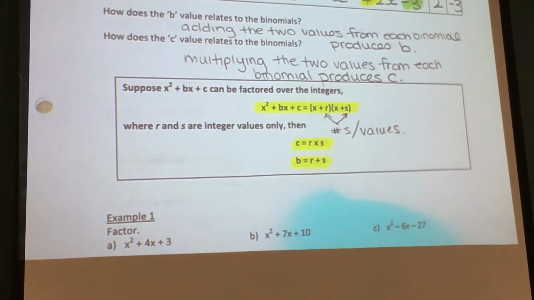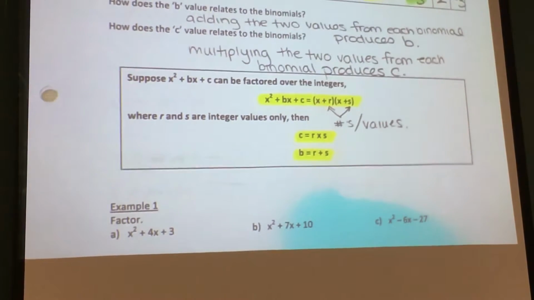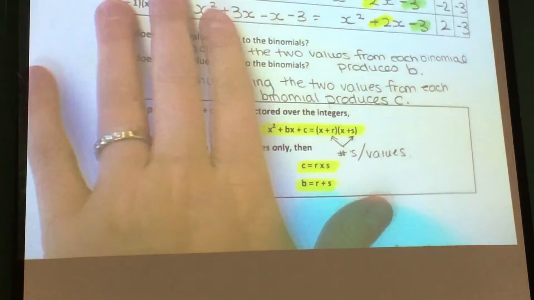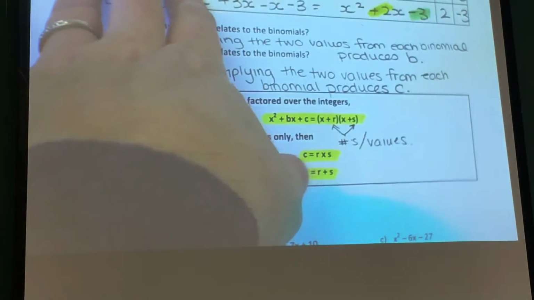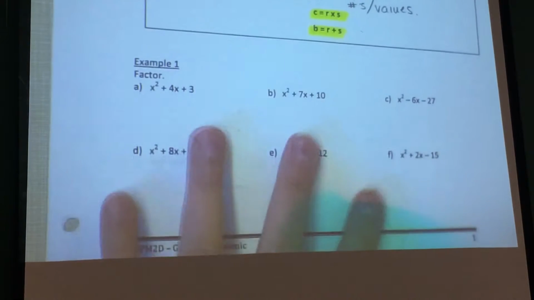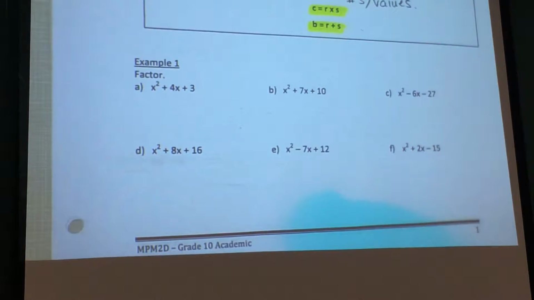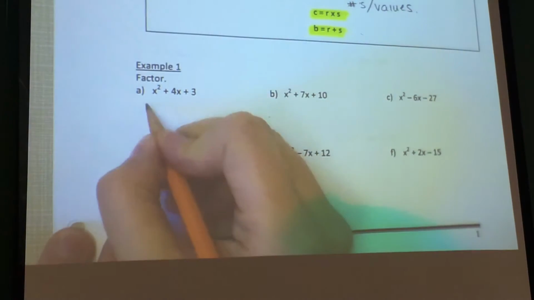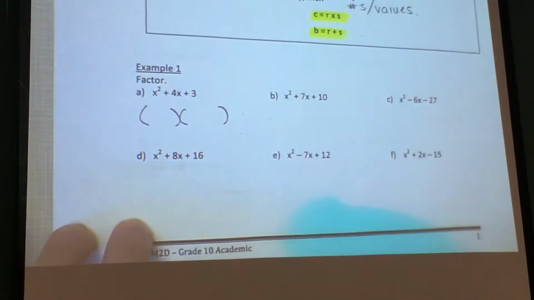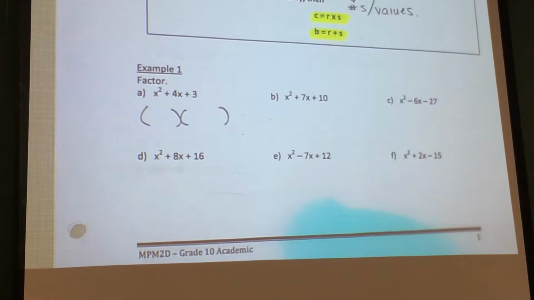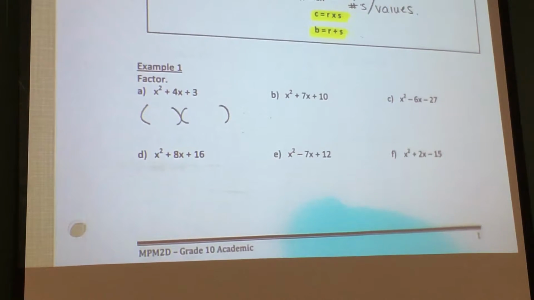So now we're looking at factoring. So we're looking at going in the opposite direction. Here we had the factored form, we expanded. Now we have the expanded form, and I want you to factor, which means you are going to try and find two binomials. Okay, we're going in the opposite direction now.